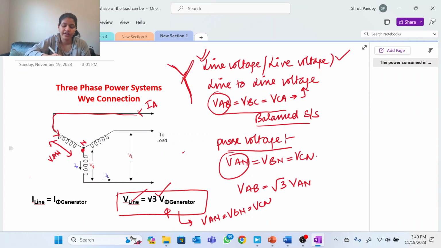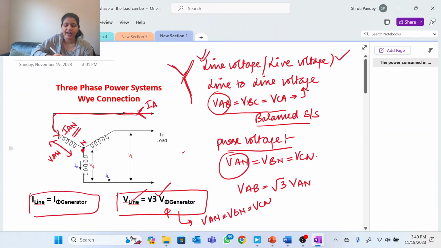This is the neutral point. The current between a phase and neutral. So you can see that the line current IA, which is coming across this line, is equal to this phase current also. So the general relation is that line current is equal to phase current.